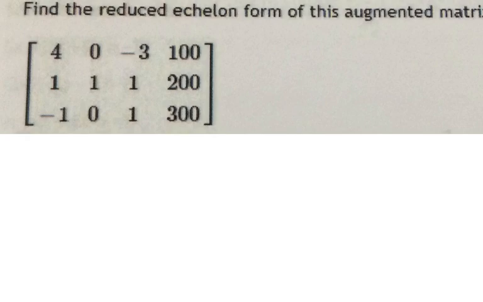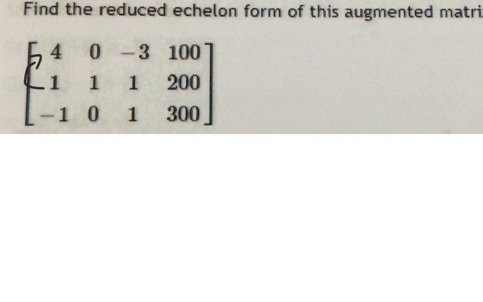Okay, find the reduced echelon form of this augmented matrix. So I know if I'm going to get it in echelon form, I need 1s along the diagonal. Right? So I always start with position 1, 1. I want that to become a 1, but it's currently a 4. So you've got options. You could either multiply that entire row by a constant, or we can move an equation into that spot that already has a 1 at the beginning.